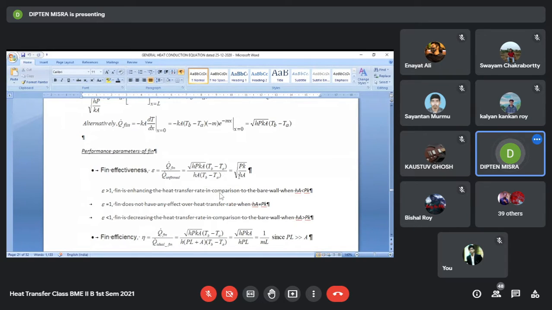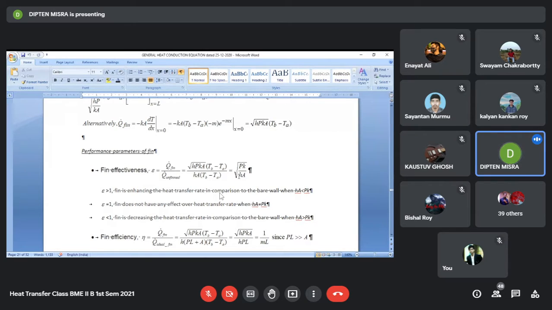If we have a fluid where phase change is taking place, for example a vapor which is condensing, the value of h can be of the order of 10 to the power 5. Or if we have a liquid which is boiling, then also we can have a very high value of h. So in those types of situations, we should be very careful before we attempt to design a fin. We may not require any fin at all in those situations.